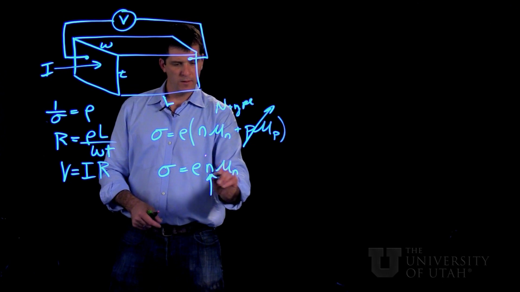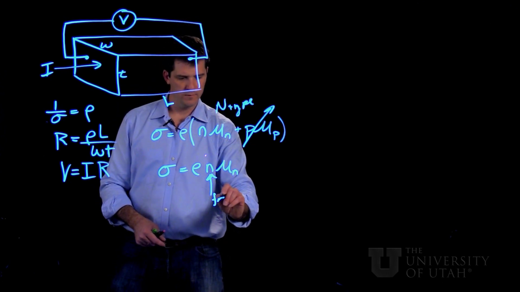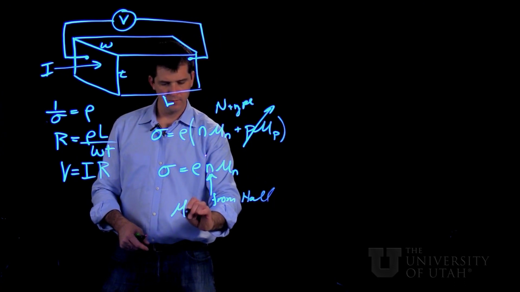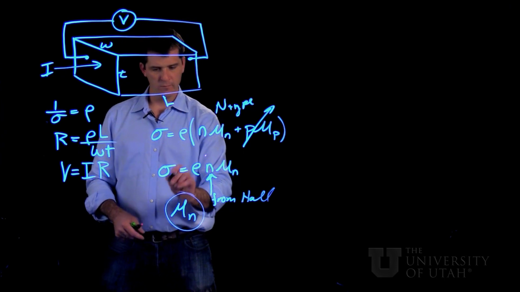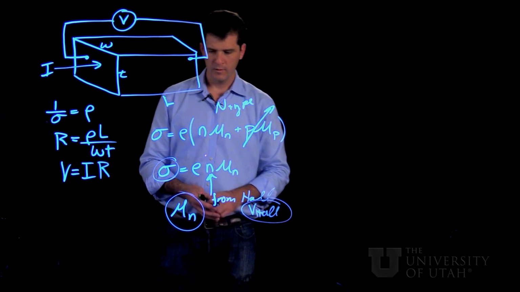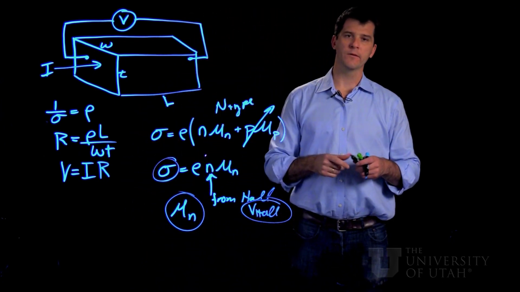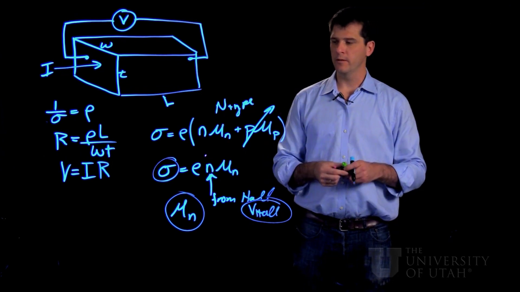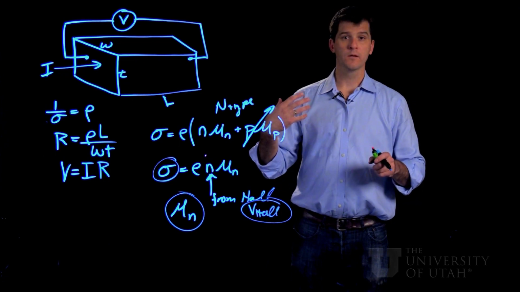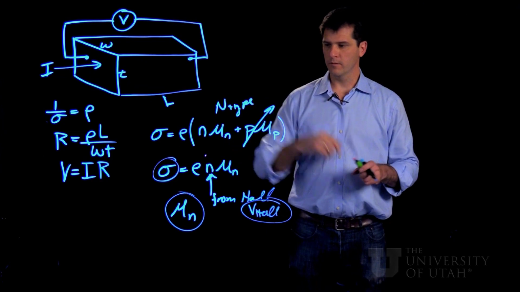And then if we know our N from our Hall effect experiment, we can figure out our mu sub n by measuring this plus V Hall. So putting it all together, with one simple experimental setup, we can determine the most important transport properties of the material, the number of carriers per cubic centimeter and their mobility.